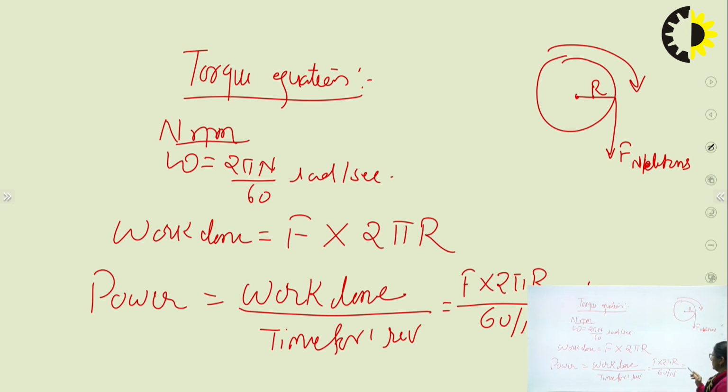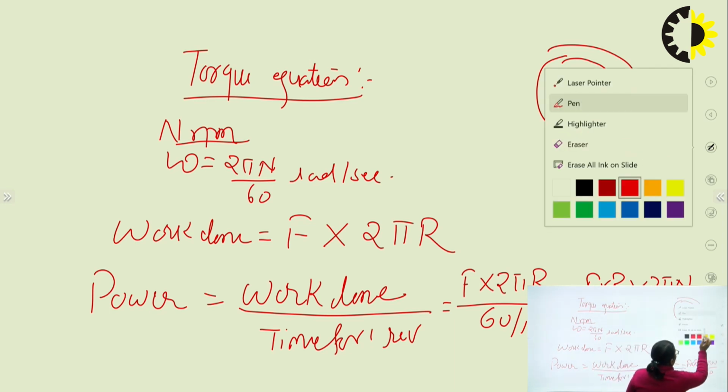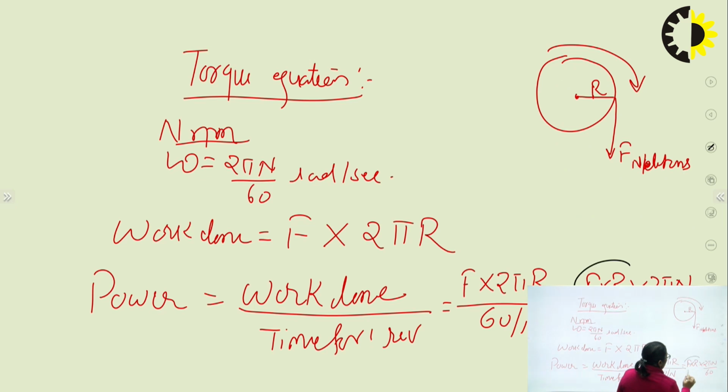term, I may have it as F into r and then 2 pi n by 60. Once again, this F into r is nothing but the torque, force multiplied by the radius.